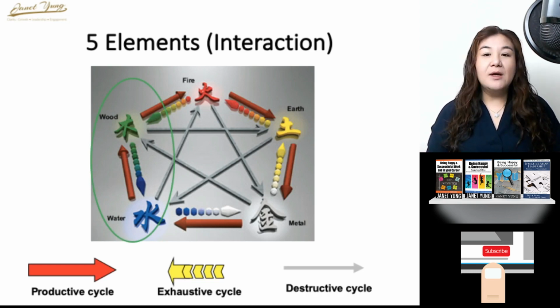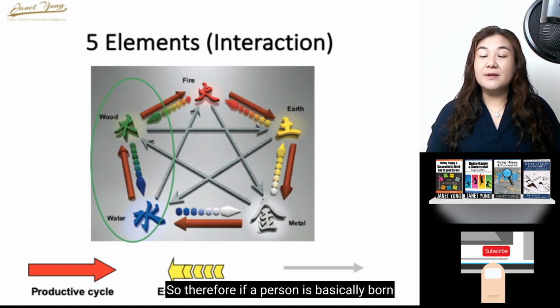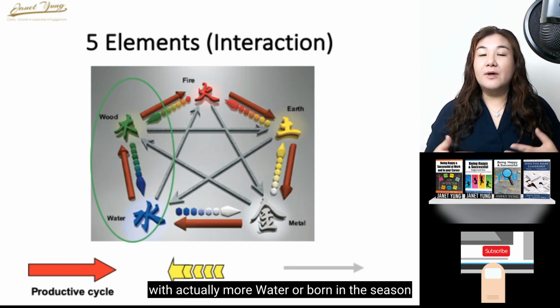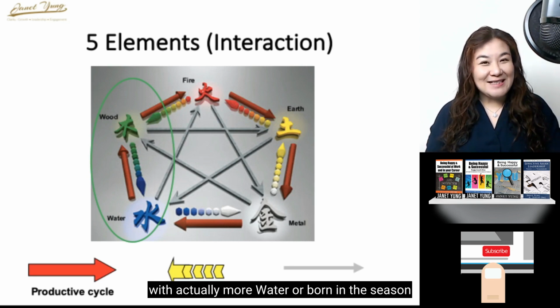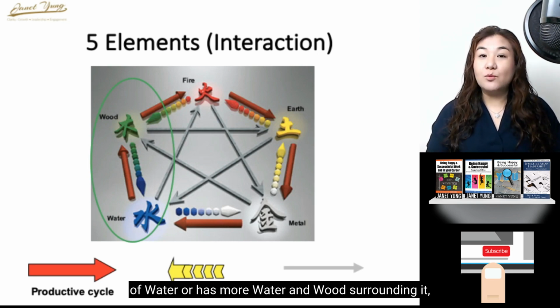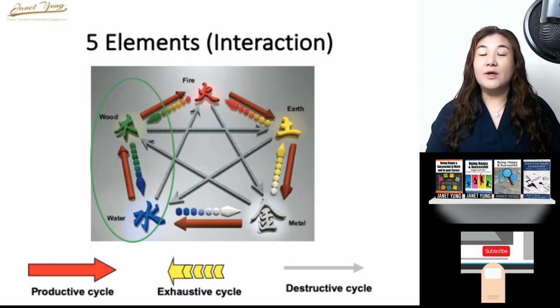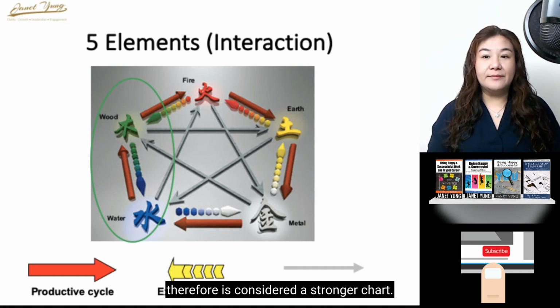That's the concept. So if a person is born with more water, or born in the season of water, or has more water and wood surrounding it, it is considered a stronger chart.